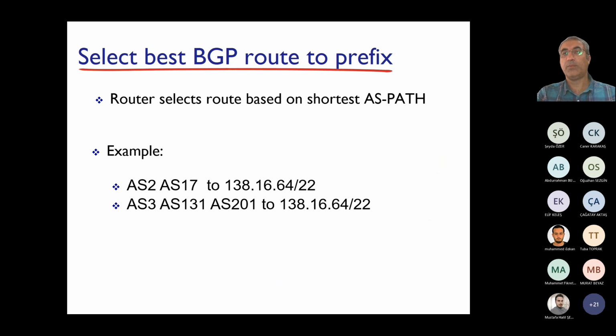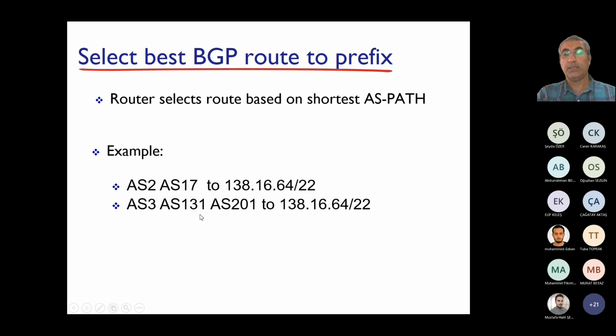So you can come up with multiple routes, and the router selects a route based on the shortest AS path. For instance, I have two routes. Let's say the first one is AS2, AS17, and the same subnet.